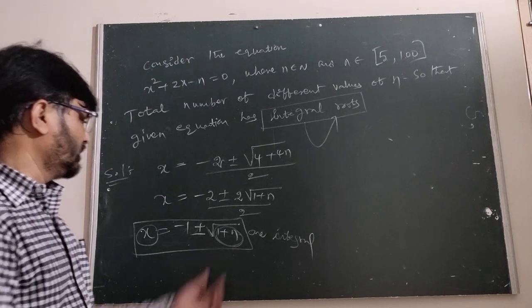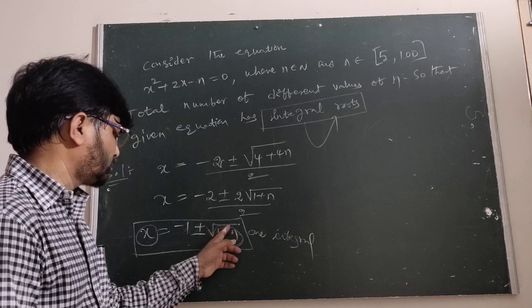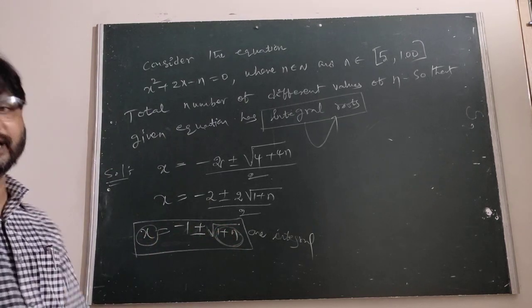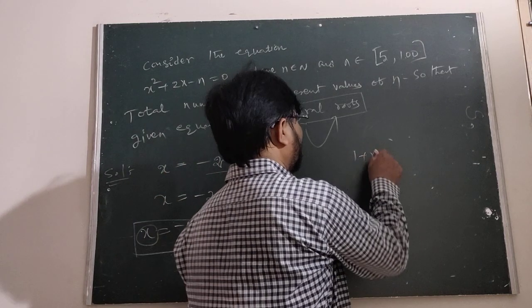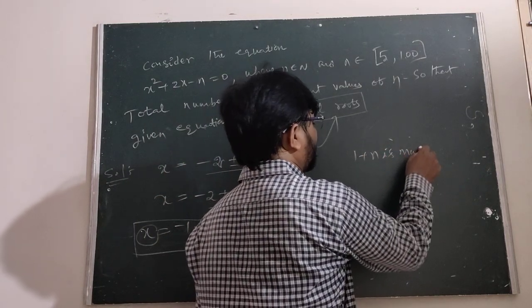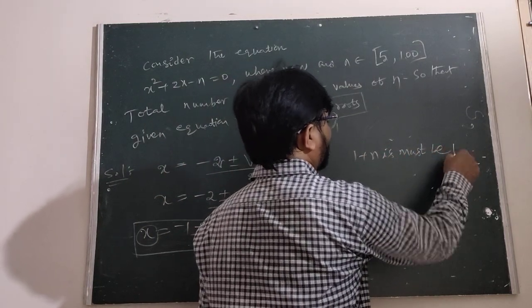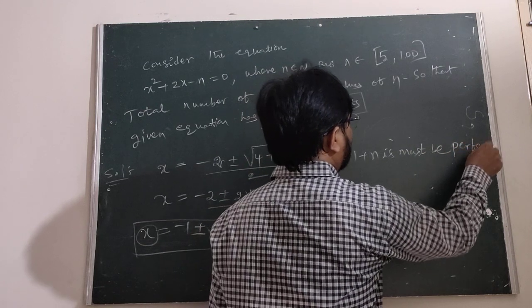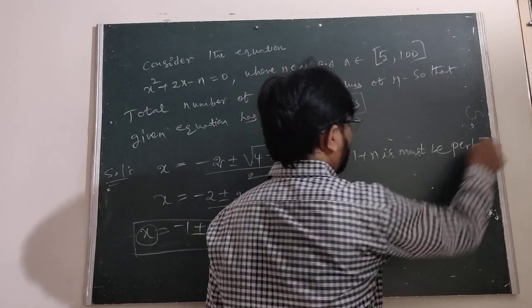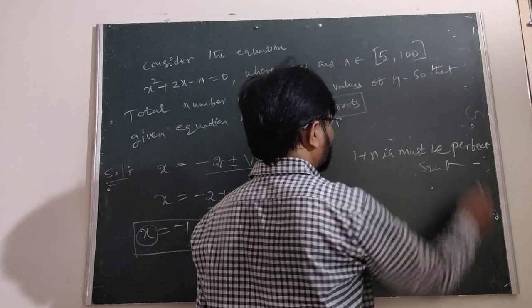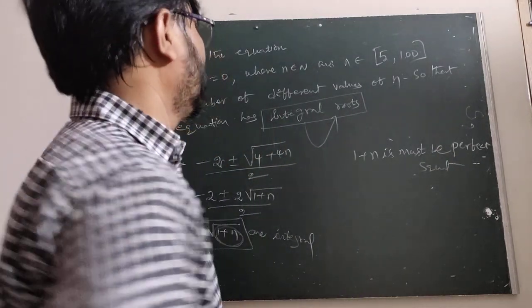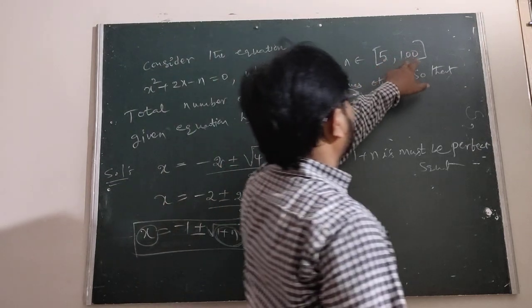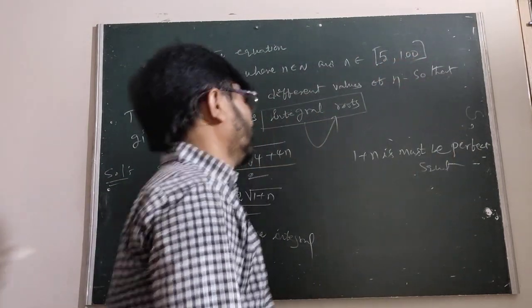When 1 plus n is a perfect square, undoubtedly the roots are integral. So 1 plus n must be a perfect square. So we are taking the values of perfect square numbers in the interval 5 to 100.